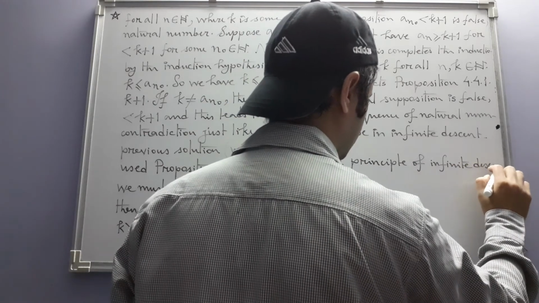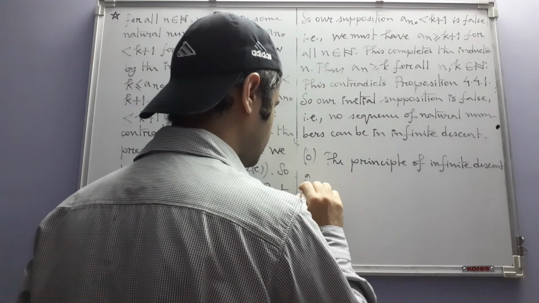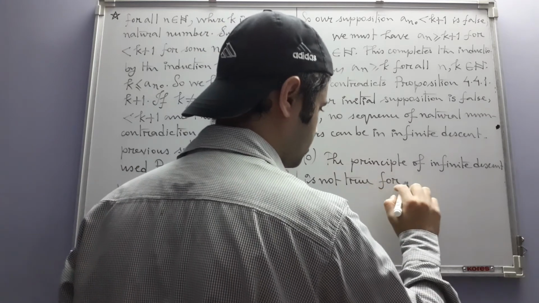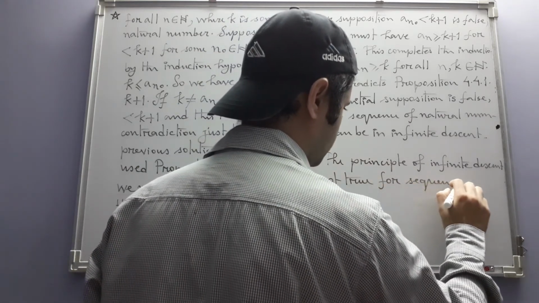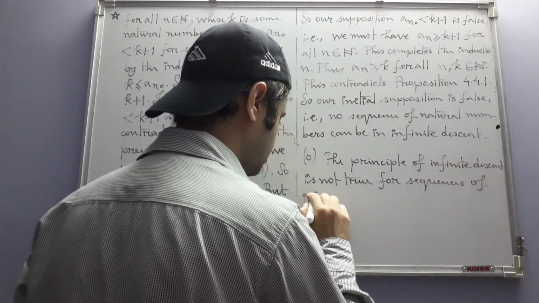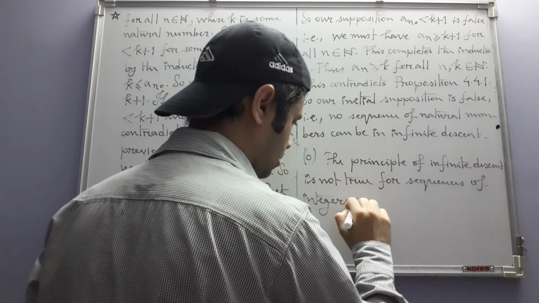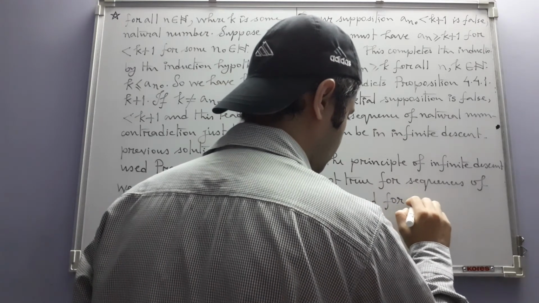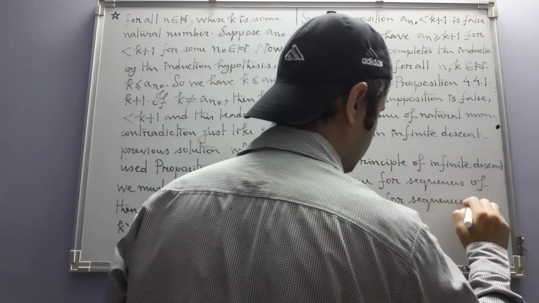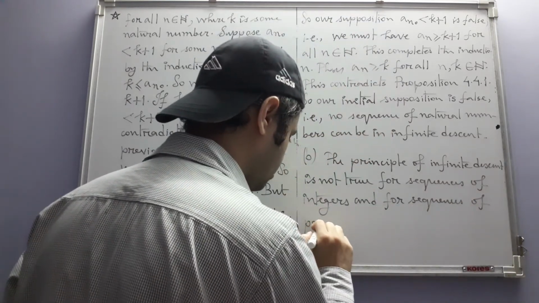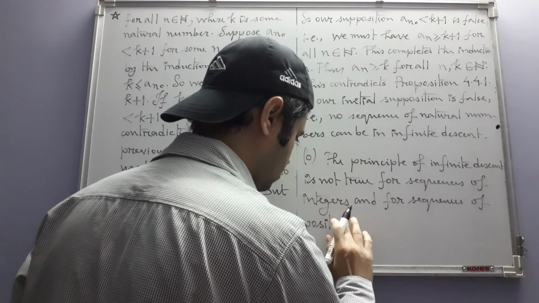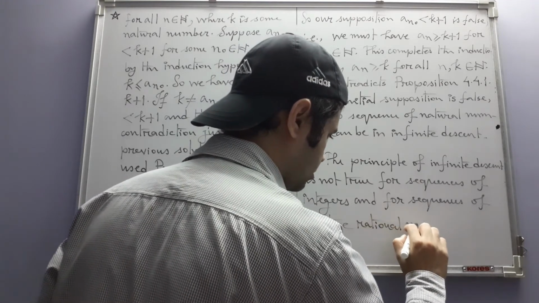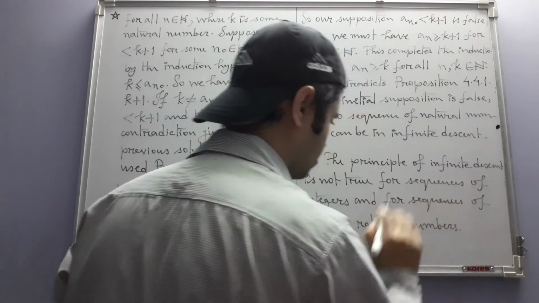Infinite descent is not true for sequences of integers and for sequences of positive rational numbers.